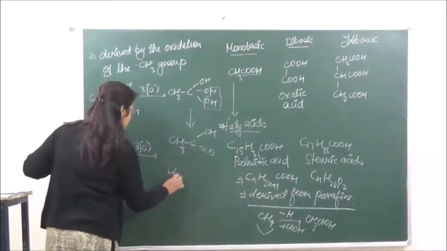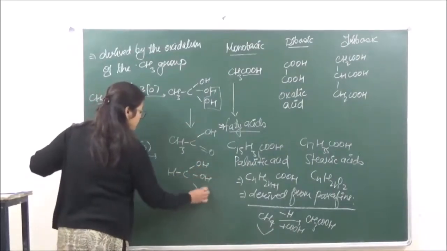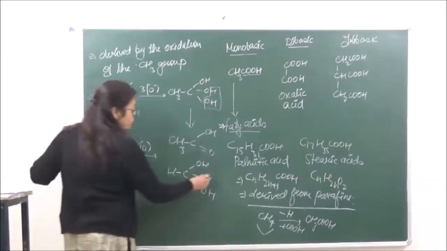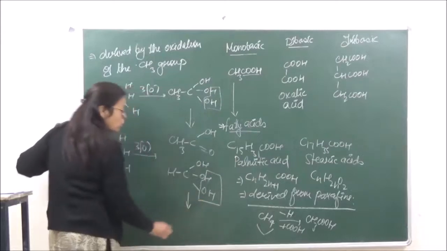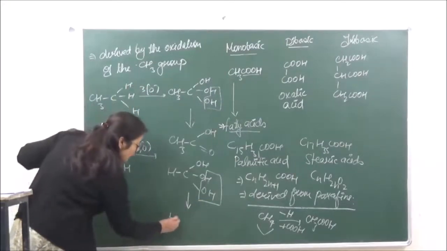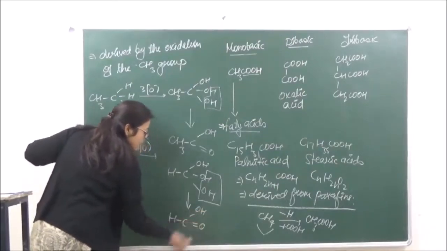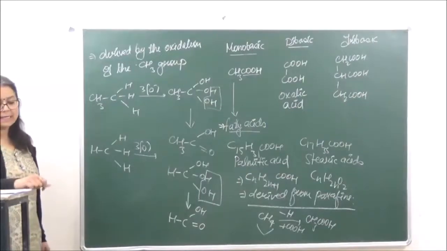So here we have OH and OH, and this is going to lose a water molecule such that we have HC(OH)=O. So this is how formic acid is obtained.